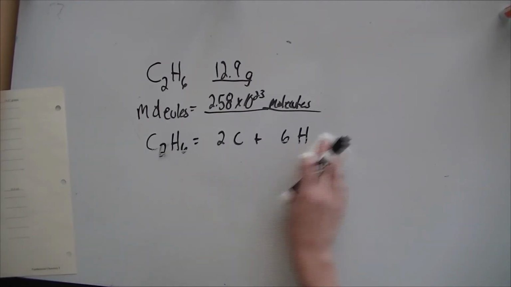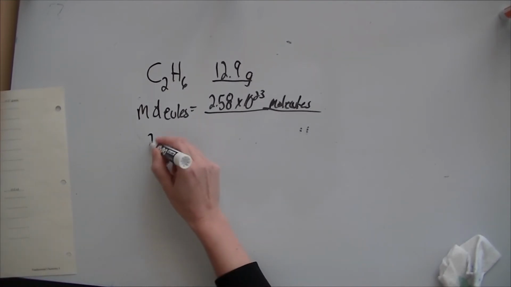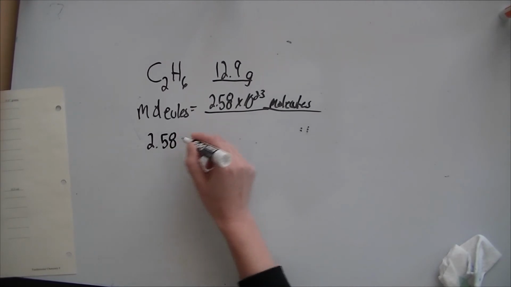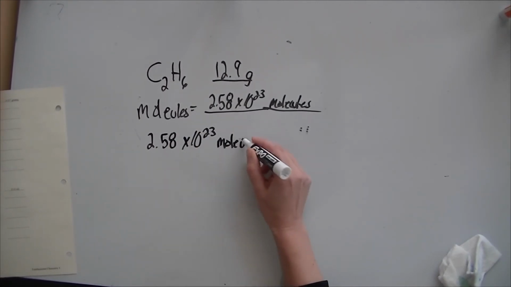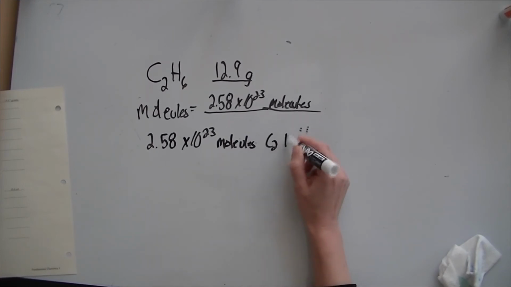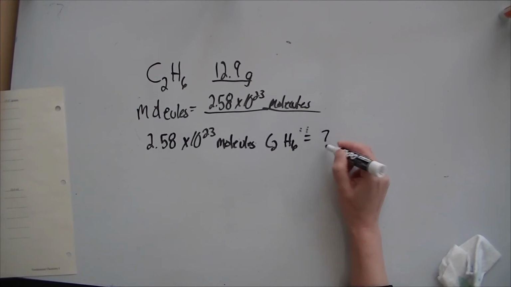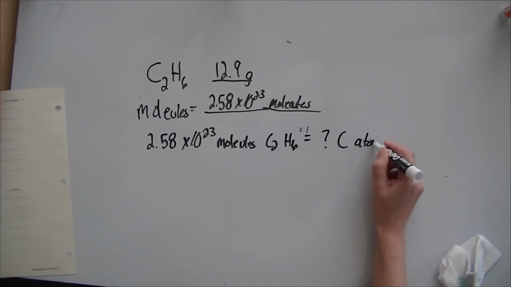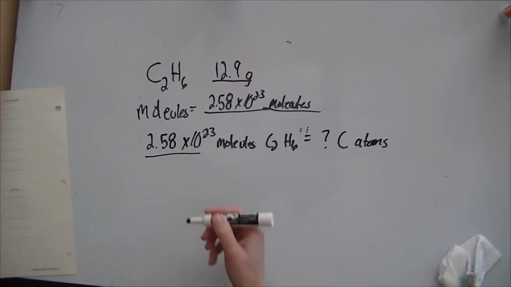So let's erase this. And say, instead of 2 C2H6s, we have 2.58 times 10 to the 23rd molecules of C2H6. How many carbon atoms do we have? Well, we're going to calculate that the same way we did when there was a whole number here. It's just now we have a giant number.